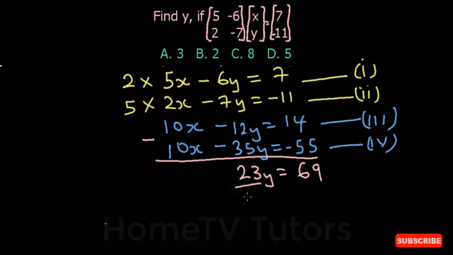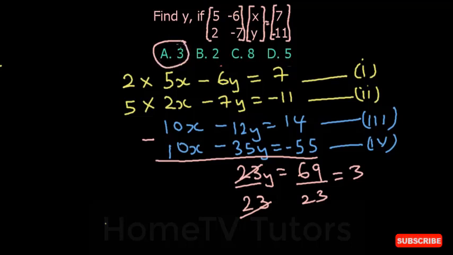So we divide both sides by 23. 69 divided by 23 will give us 3. So we have y as 3, which makes A the right answer option.